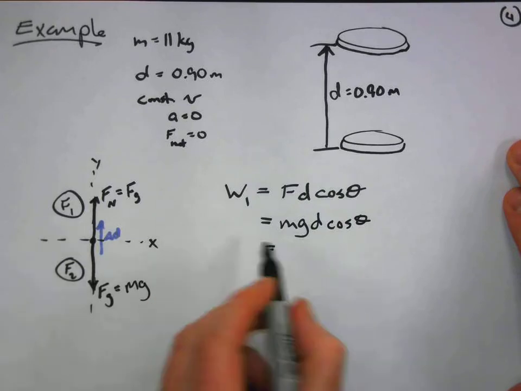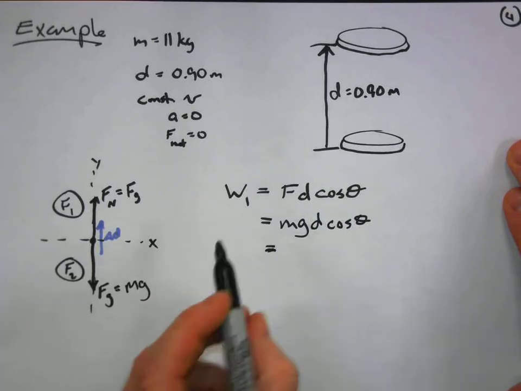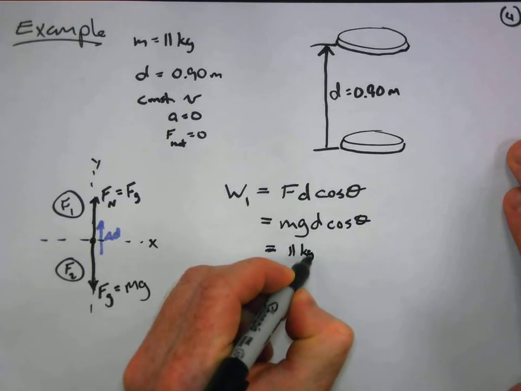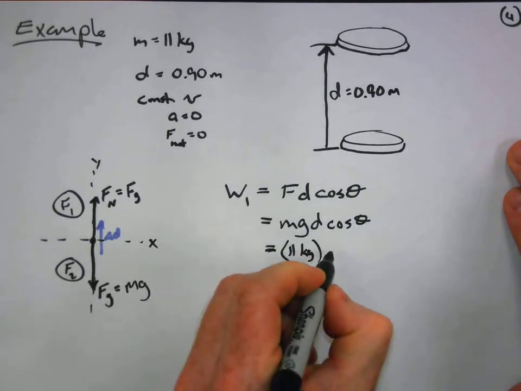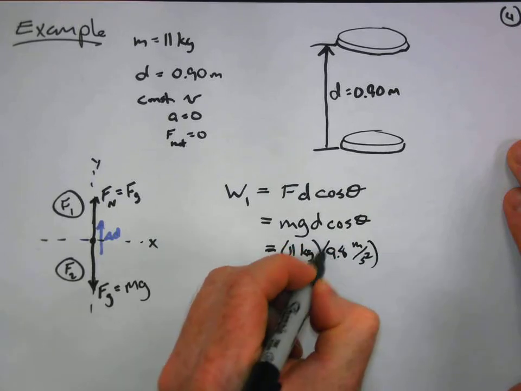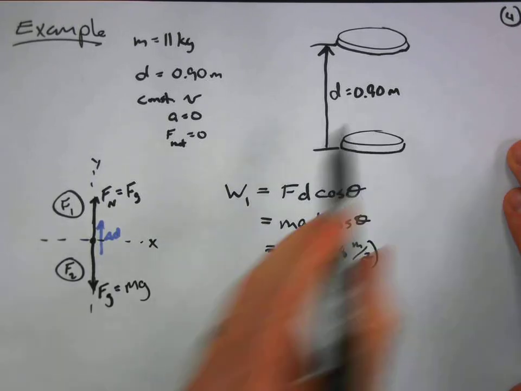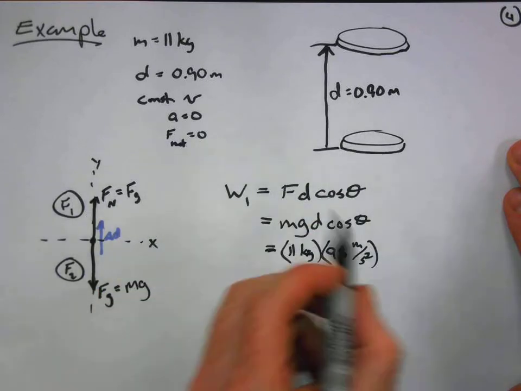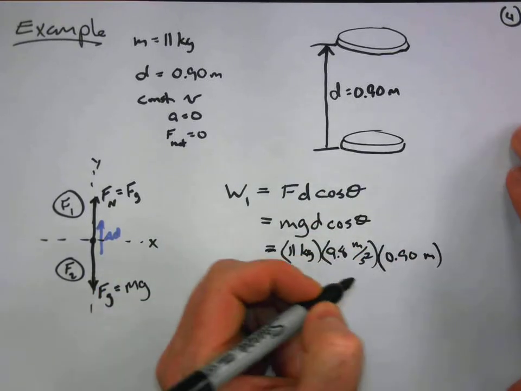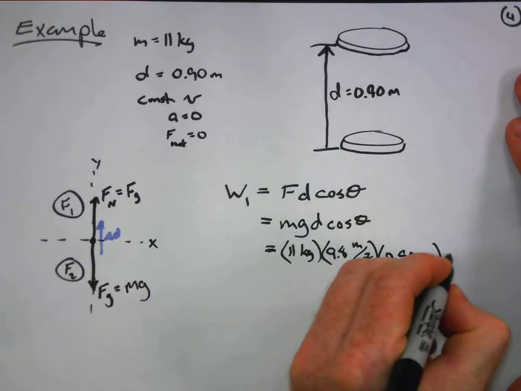So here's what the equation turns into, and now I can plug all my numbers in. The mass was 11 kilograms. g is 9.8 meters per second squared. The distance is in the upward direction, a positive 0.90 meters. And finally, cosine of the angle between them.